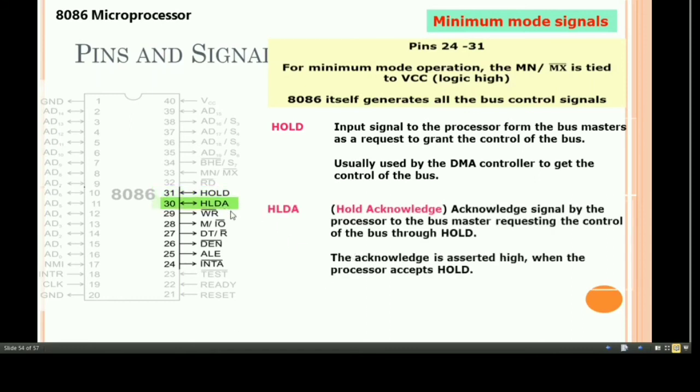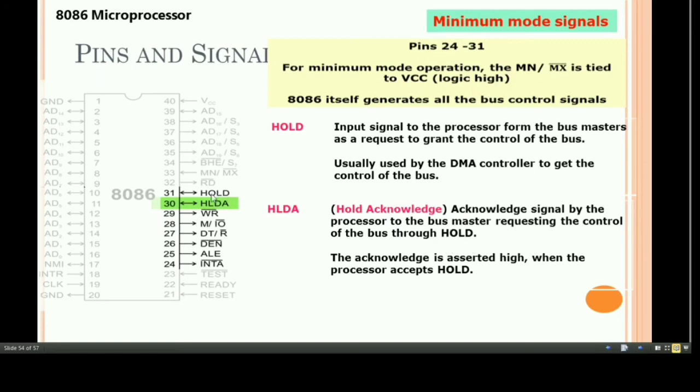Next is HLDA, that is hold acknowledgement, pin number 30. It is also bidirectional. This pin is used to acknowledge by the processor to the bus master requesting the control of the bus through hold.